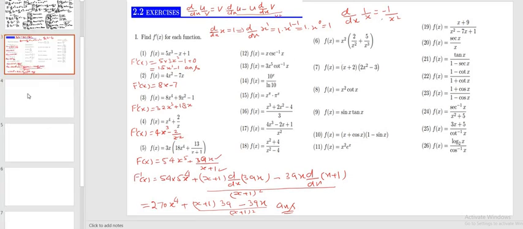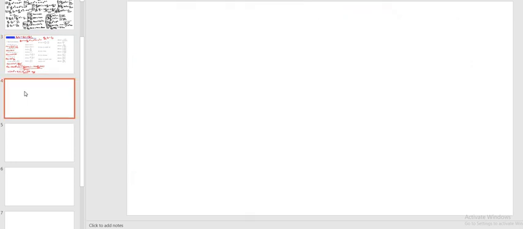Now I am going to solve question number 6 on the next page. Question number 6 is f of x equal to x square into 2 divided by x square plus 5 divided by x power 3.